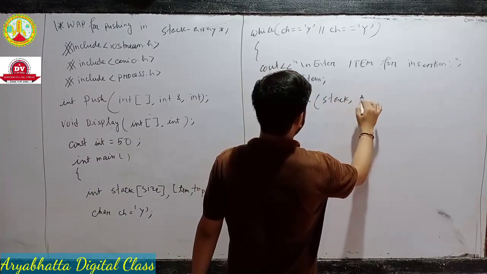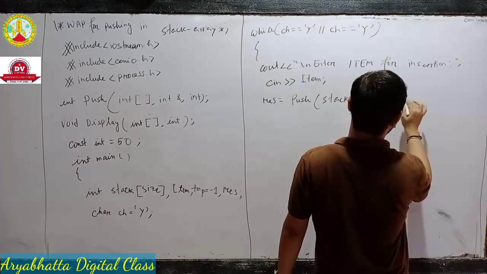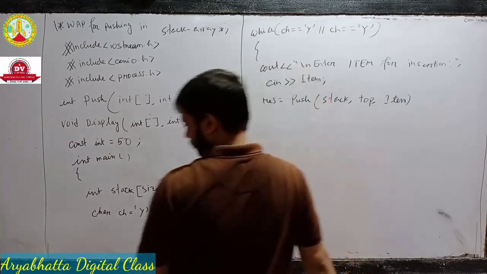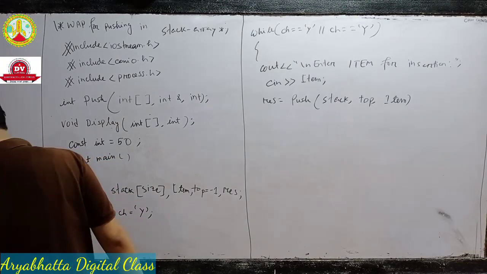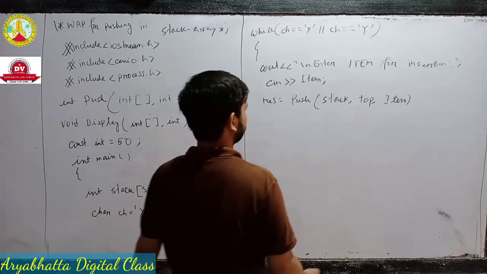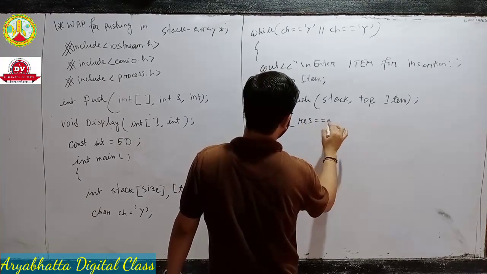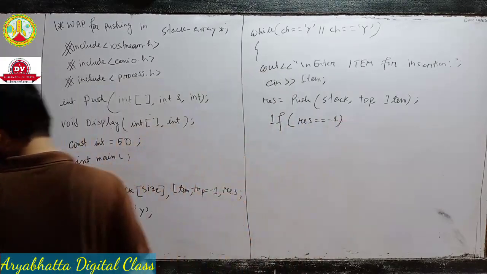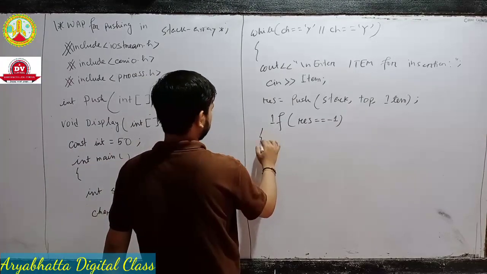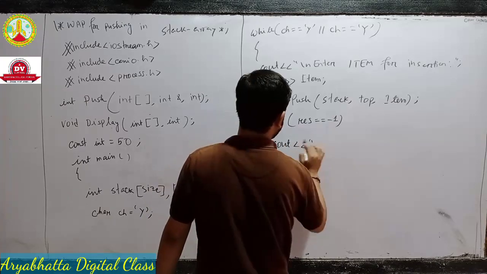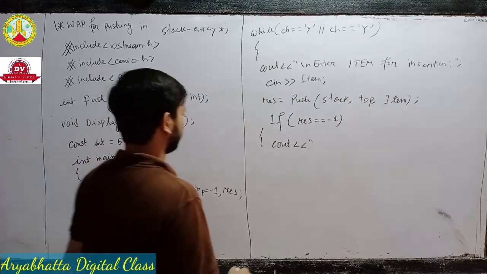The stack is given as array, top, item. If this is -1, cout overflow, aborting.